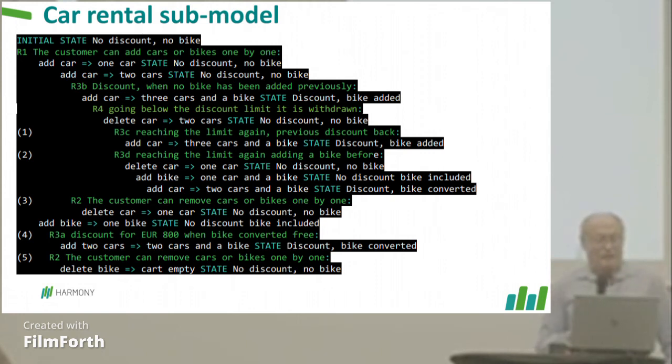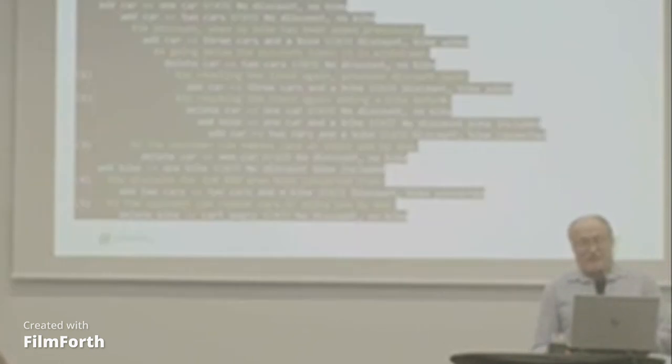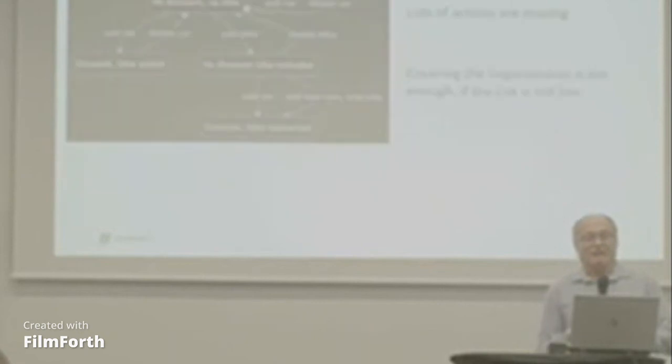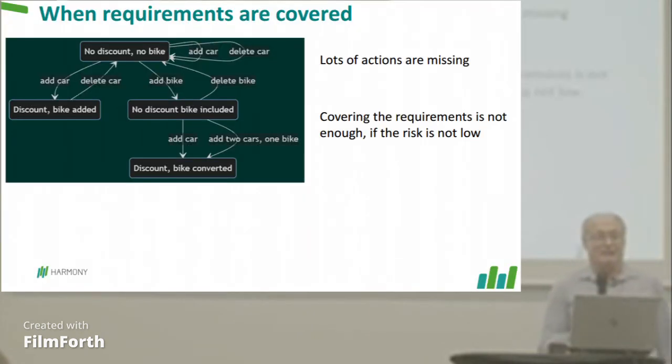If we cover all the 5 requirements, then this is the model, and the question is whether it is enough. Here is the related state chart, and you can see that lots of actions are missing.